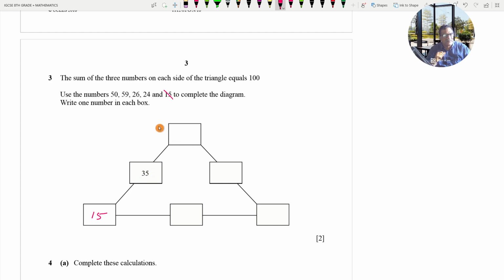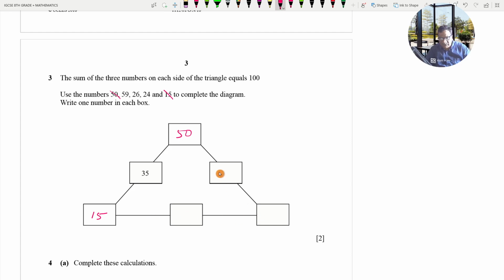Then here I'll put a 50 from here. This 50 is gone. Now you can see that this is 100, 50 plus 50, 100. Now even this side has to be 100, right? So 50 is already there. From the remaining three numbers, let me put 24 and 26. If I put 26 over here and 24 over here, this will work out to 100, but here I will come into a problem.